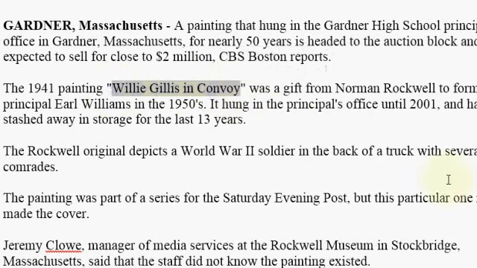And now I'm going to hold the control key down and go over Rockwell Museum in Stockbridge using the left button and the drag method. And now I'm going to release the control button and release the mouse button. And now you see I've got these two pieces selected separately.